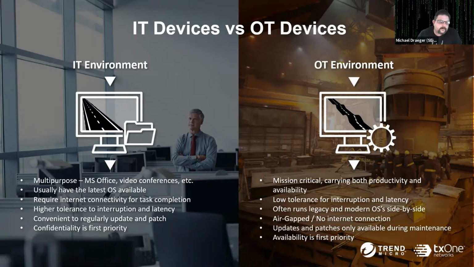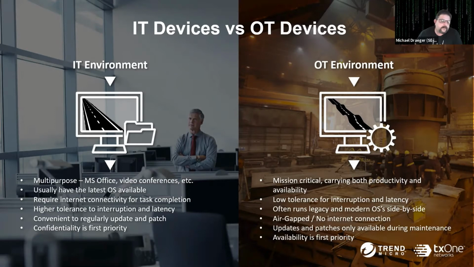In your IT environment, these are basic multi-purpose machines that run Office, video conferencing, spreadsheets, whatever is necessary to run the day-to-day operations of a business. They also typically run the latest OSs, so Windows 10. They get rolled over very quickly throughout the years.